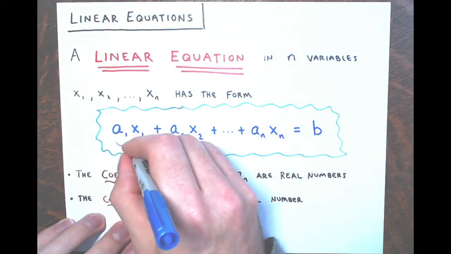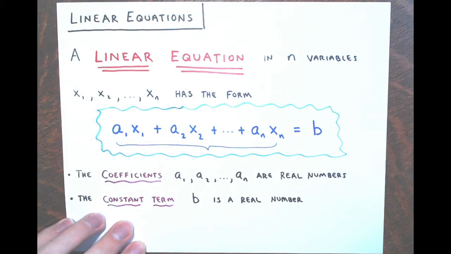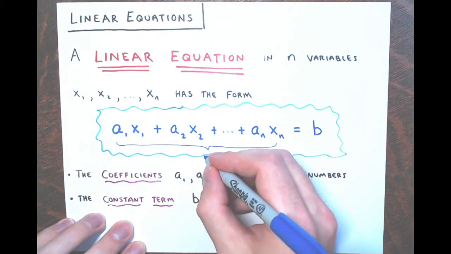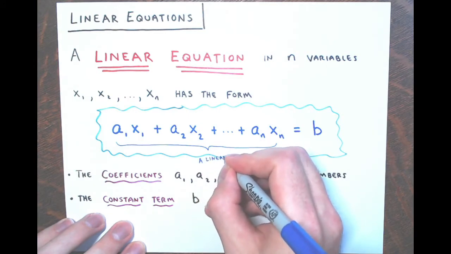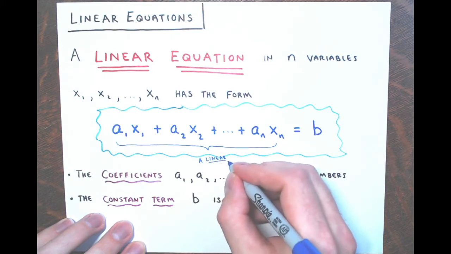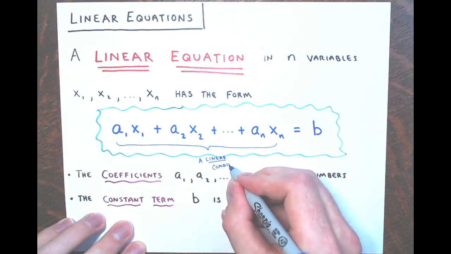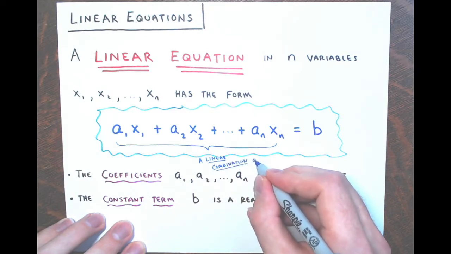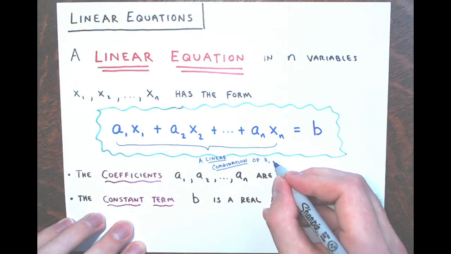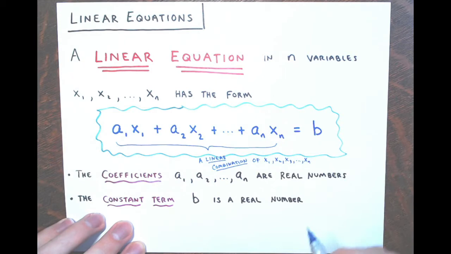But this side here, with the a1 times x1 plus a2 times x2 plus a3 and so on, this is called a linear combination of those variables x1, x2, x3, up to xn.